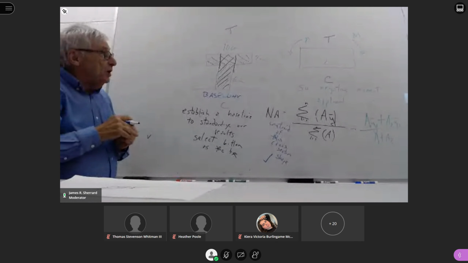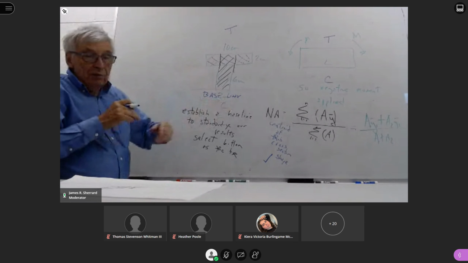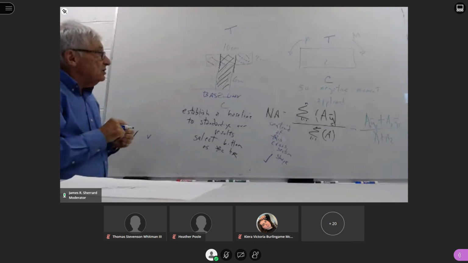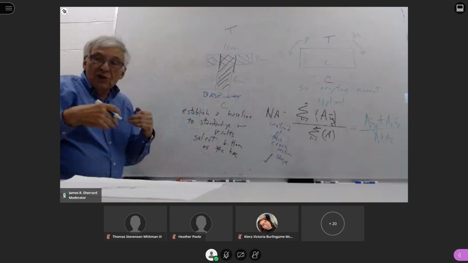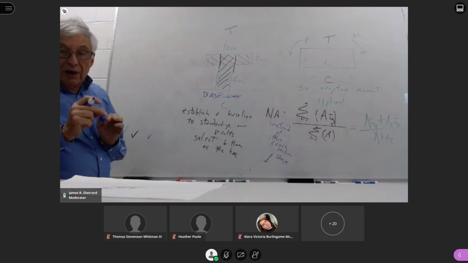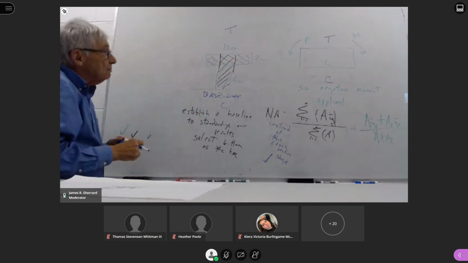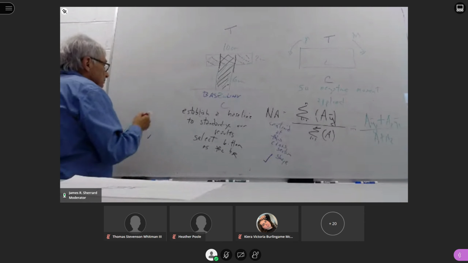No matter which way I do it, you're going to come up with exactly the same result for the neutral axis calculation. There's nothing wrong with having 1, 2, 3. The more shapes you have, the more chances you have of making a mental or mathematical error. So I would go with a minimum number of shapes and then do my work.